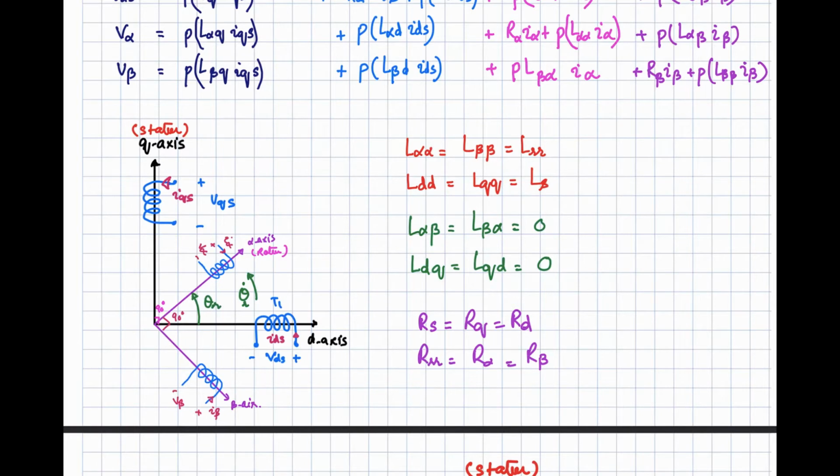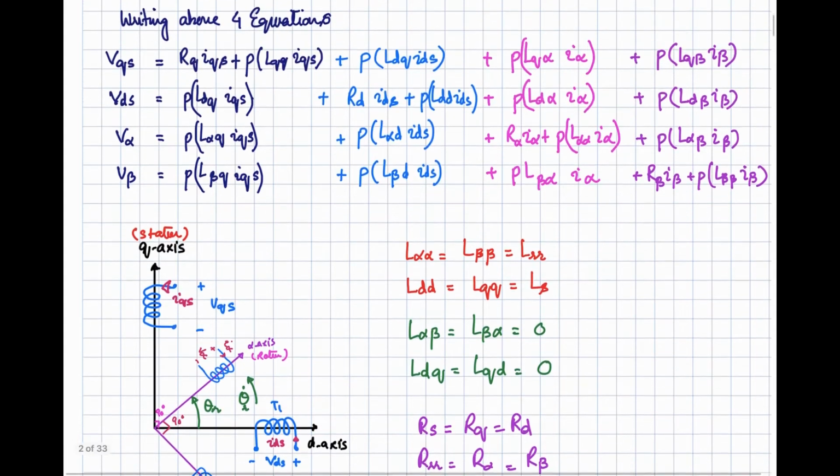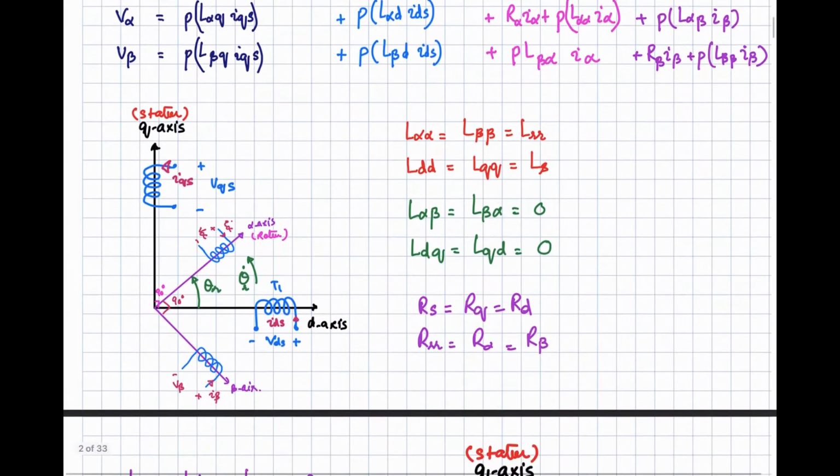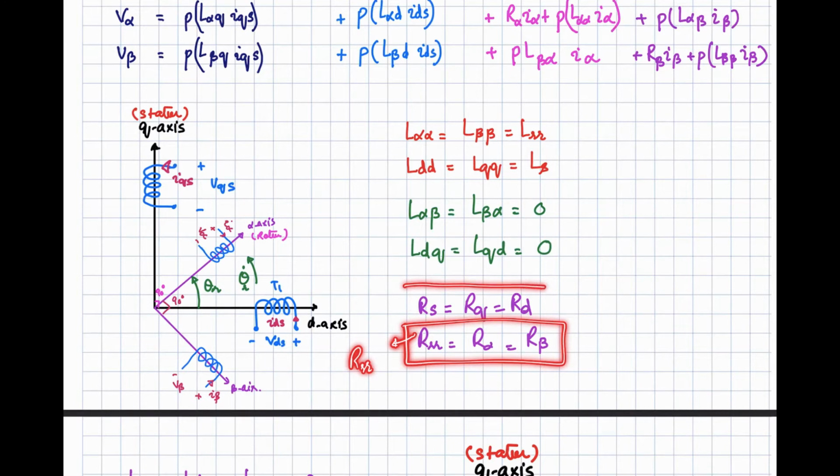Then RS, the stator resistance, is equal to RQ and equal to RD. R alpha and R beta are on the rotor side and will be represented as RR, the rotor resistance, and the Q and D axis resistances represent the stator resistance, so those will be considered as RS.